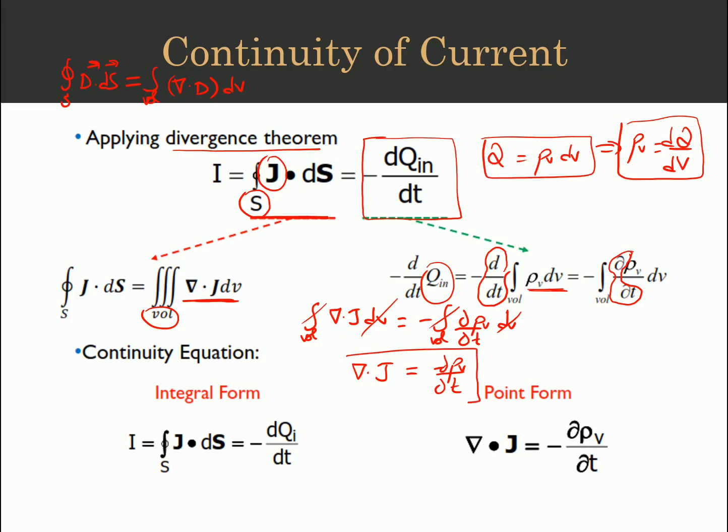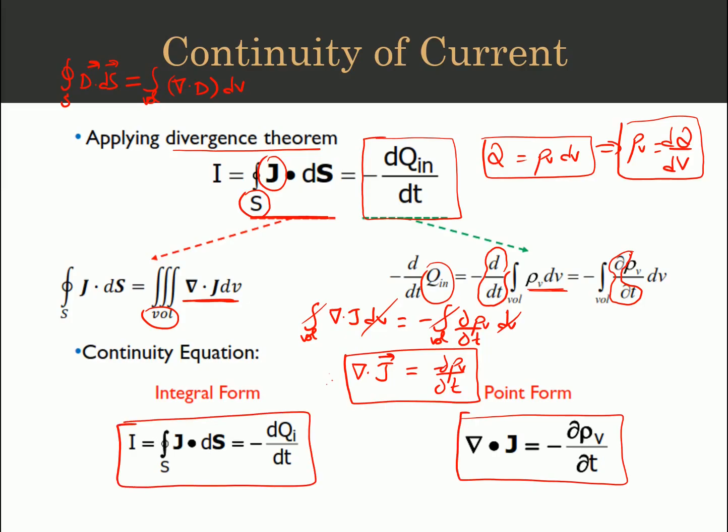This is my new relationship, another way to represent the continuity of current in terms of the current density, which is J, and this is known as the point form equation of the continuity of current, and this is known as the integral form of the equation of the continuity of current.